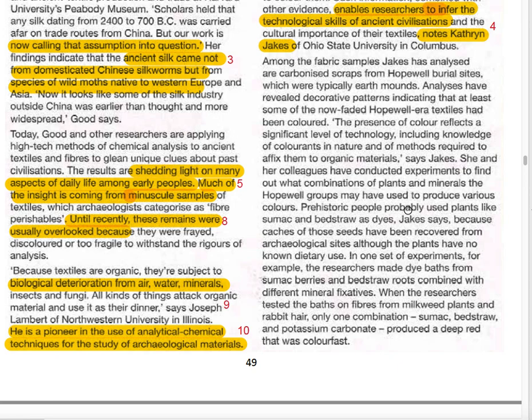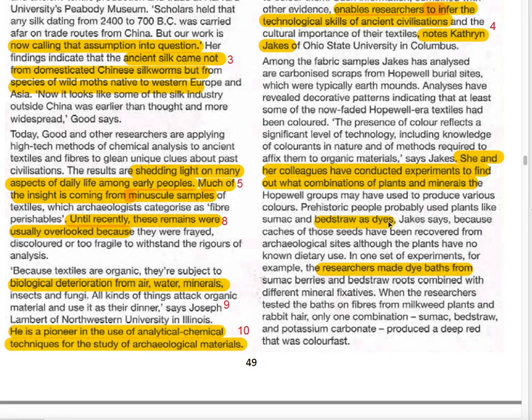See here, prehistoric people probably use plants like. So I see here talking, this is the key here. It says she and her colleagues have conducted experiments to find out combinations. And then I see here it talks about using dyes. And this is what can be a distraction or make people think about the question. But it doesn't say that Jakes is a pioneer or the first to do these types of experiments.